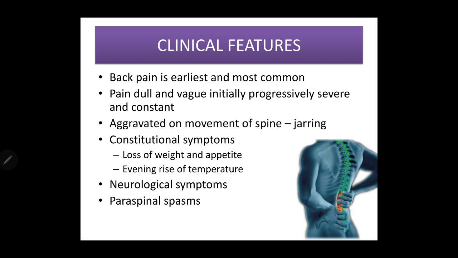Now one more important clinical feature is paraspinal spasms. Why do you get paraspinal spasms? You have two powerful extensor muscles, the erector spinae on either side of the spine, and also the multifidus. So you have two on either side, which usually help in taking up the load of the spine.